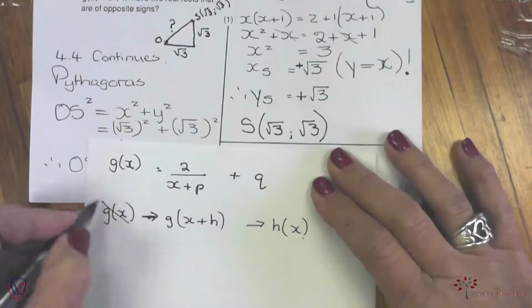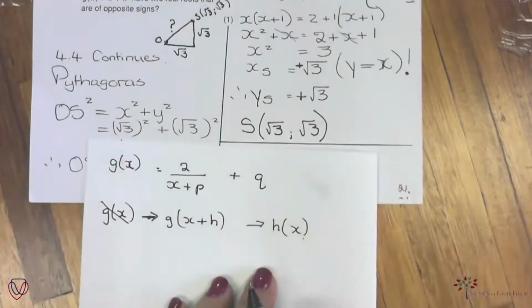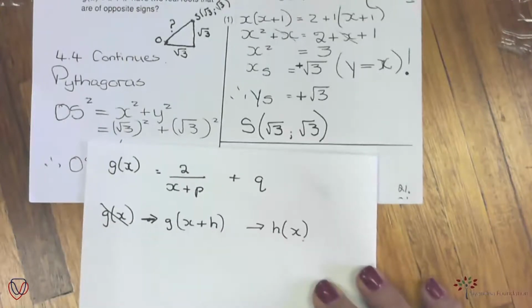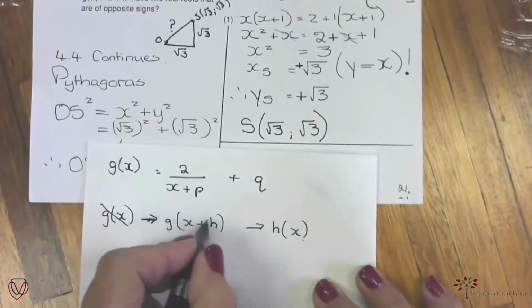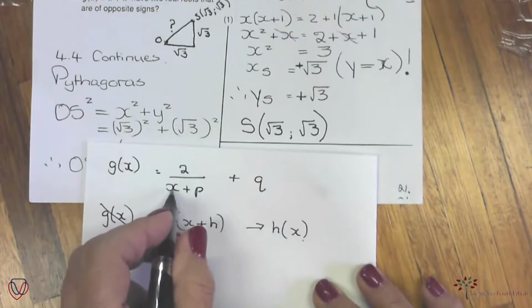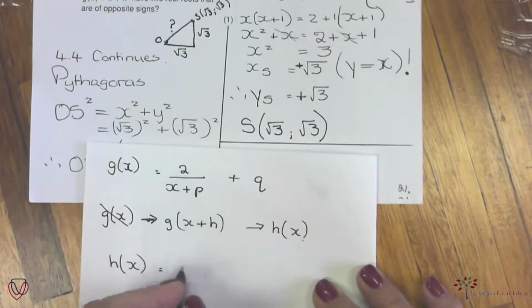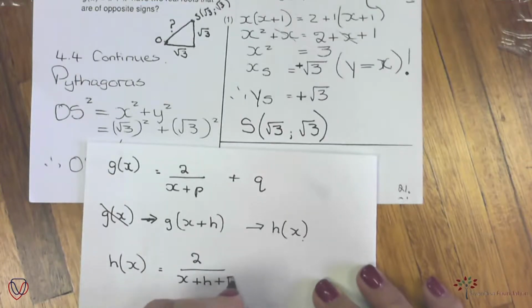So that can be gone now. g(x) becomes g(x plus h), and that will give us a new graph. So I'm going to take this x plus h and I'm going to substitute x by it. So I'm going to say h(x) is 2 over x plus h plus p plus q.